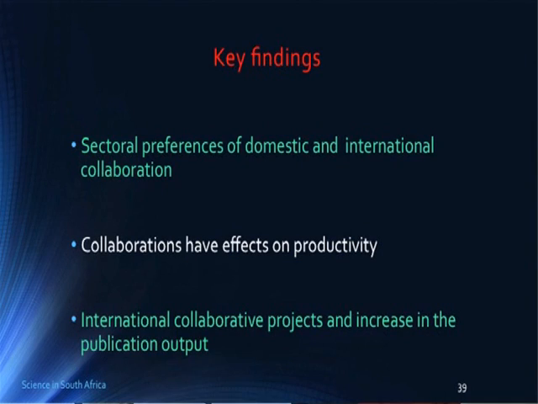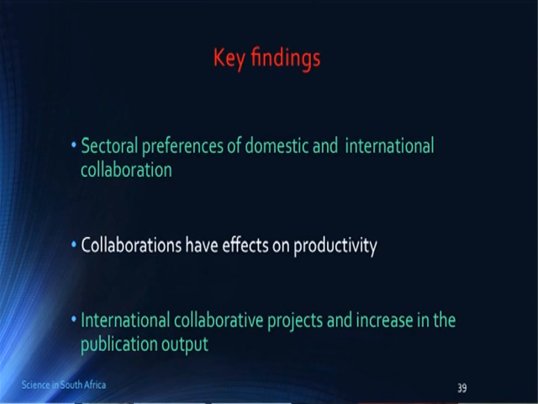South Africa shared a broad vision, aspiring to give leadership to scientific endeavors that would ultimately benefit the people. Sectorally, research institutes favor domestic collaboration, whereas universities incline more towards international collaboration.